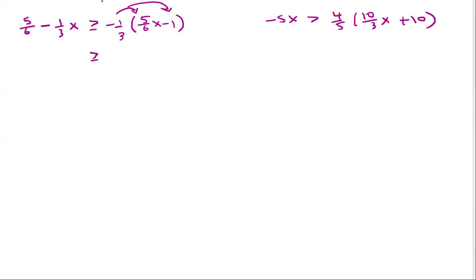We get greater than or equal to -5/18 minus, sorry, plus 1/3, right? Because a negative and negative is a positive. So 1 times 5 is 5, 3 times 6 is 18. So we get a -5/18 x plus 1/3. Okay. This side we can't do anything, so we just leave that alone.